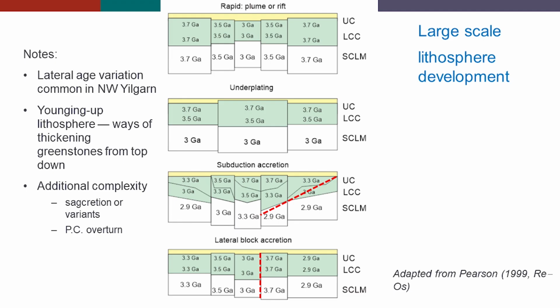So maybe let's ask some questions about ways that we can generate crust in the Archean rather than in a modern tectonic scenario, whereby we might be doing a lot with our greenstones, and a lot in terms of vertical tectonic movements, partial convective overturn, things like sagduction, sagcretion, whatever you might want to invoke there. Let's just bear that in mind.